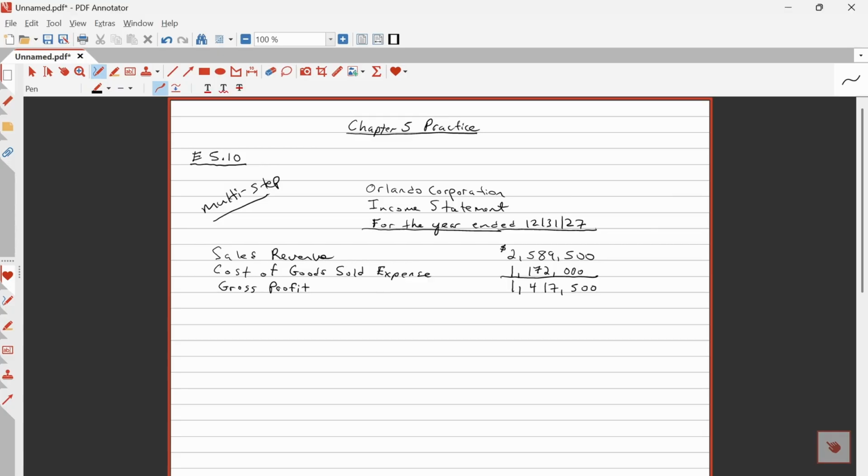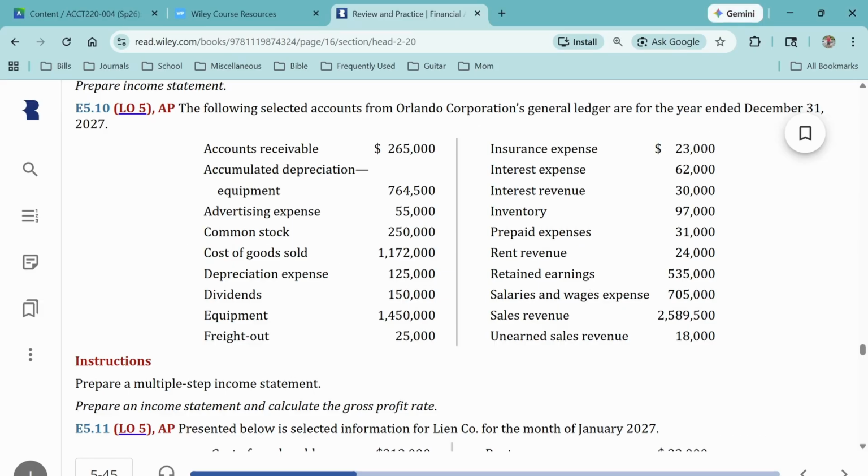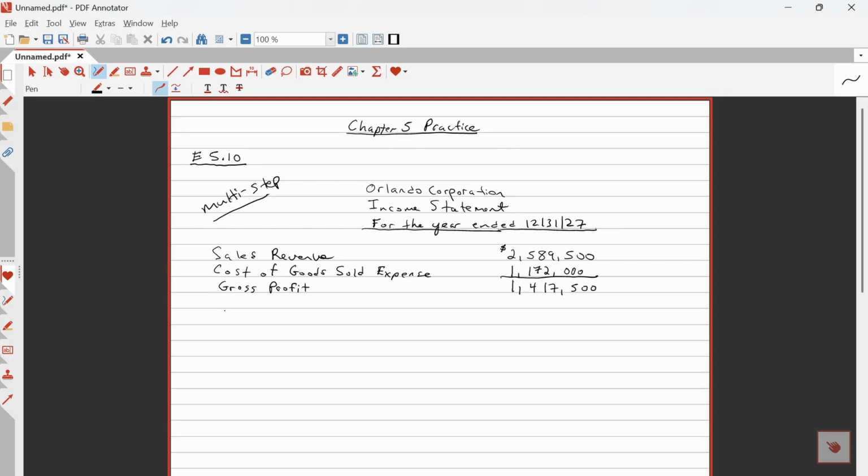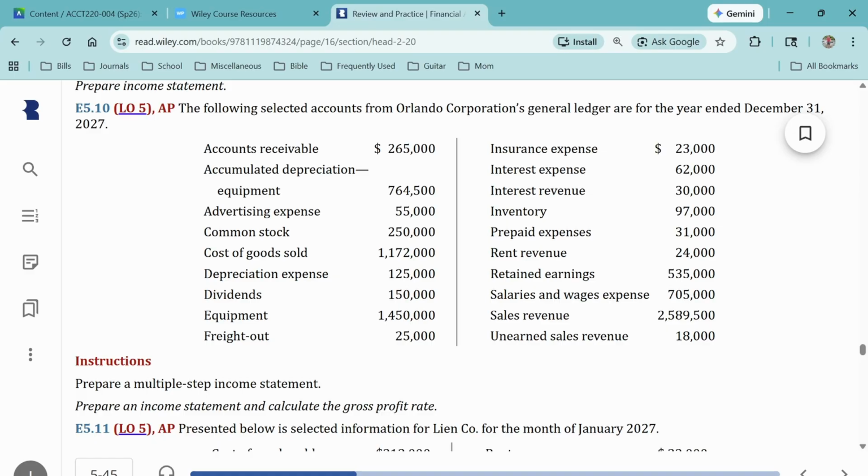Underneath gross profit, we're going to list out all of the other operating expenses. So we're going to have a heading called operating expenses. Then we're going to indent to the right a little bit and list each of the other operating expenses.